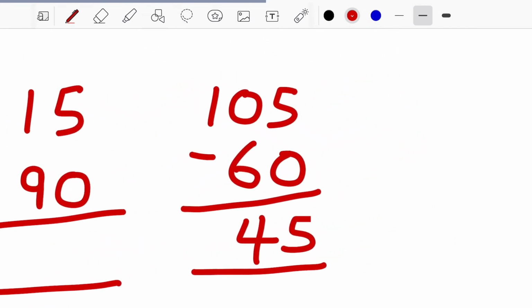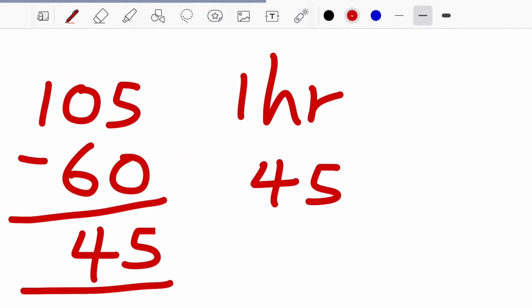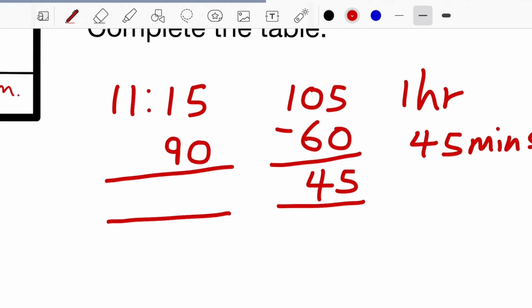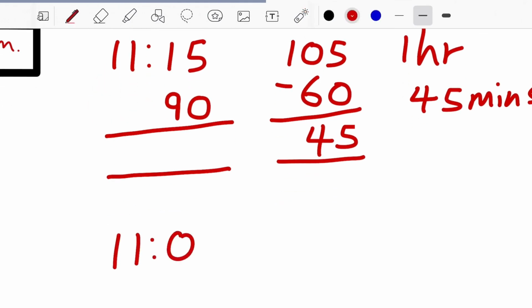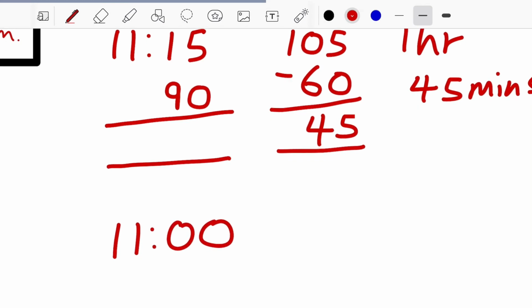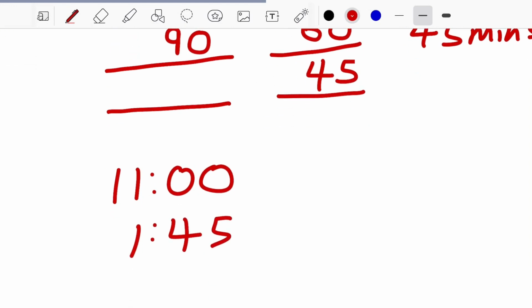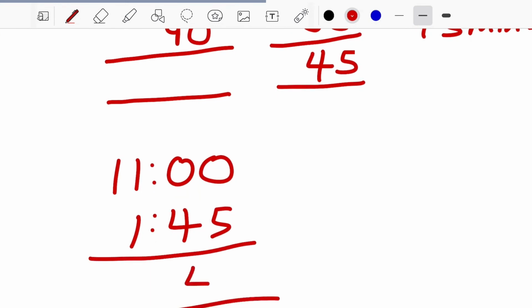So 105 minutes is 1 hour and 45 minutes. So now we will add that to the hours. So we have the 11 hours or 11 a.m. and we are going to add 1 hour and 45 minutes. So that's easy. So that's 12:45. So we go from 11, we cross over from AM to PM.